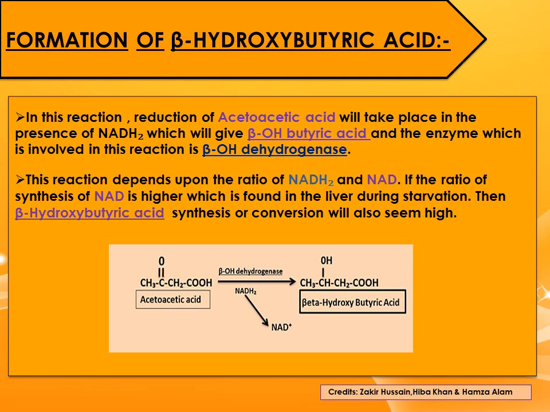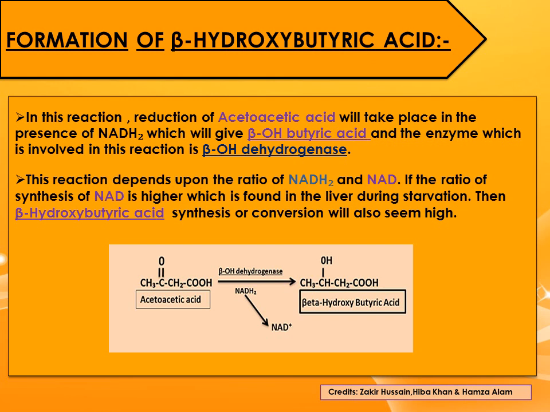In the first reaction, reduction of acetoacetic acid will take place in the presence of NADH2, which will give beta hydroxybutyric acid. The enzyme involved in this reaction is beta hydroxybutyrate dehydrogenase.